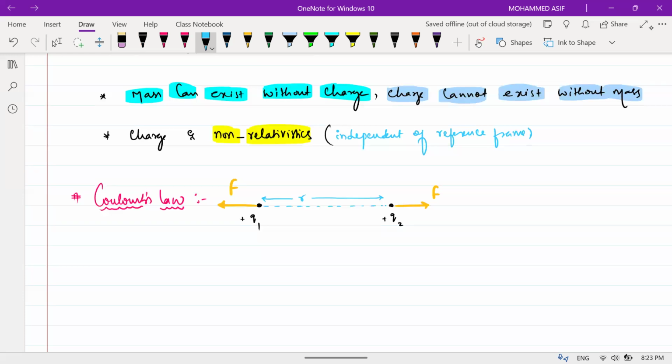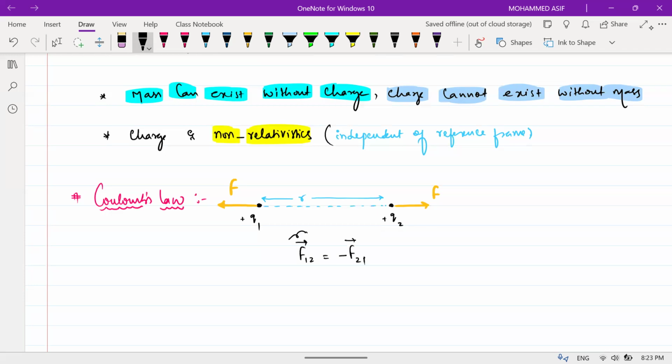Positive and positive, there is a repulsive force. That means the first charge will exert the force on the second charge, and the second charge will also exert the same amount of force on the first one, but in the opposite direction like this. Force exerted by 1 on 2 will be equal to minus of force exerted by 2 on 1.